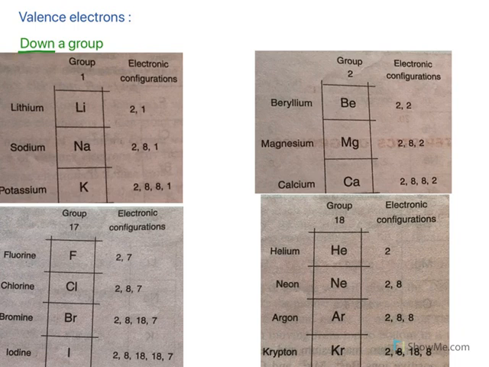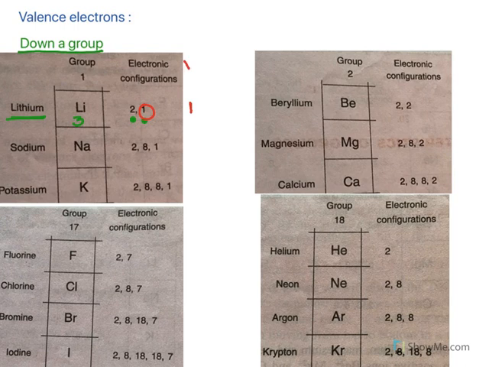Now let's see what happens down a group. We'll take group 1. In group 1 we have lithium, and the configuration of lithium we know is 2, 1 because lithium has got atomic number 3. The valence electron in lithium is 1, so we just write here 1.